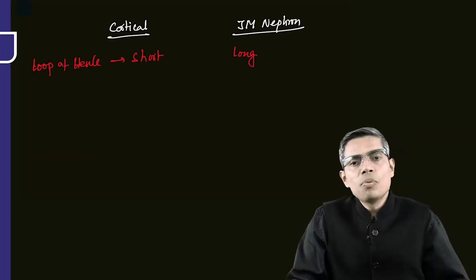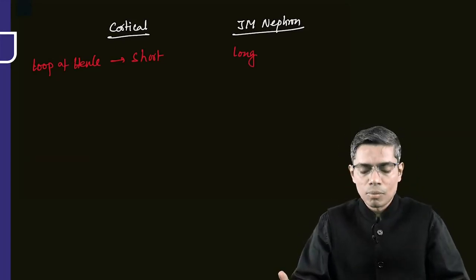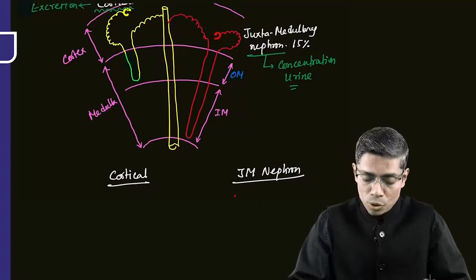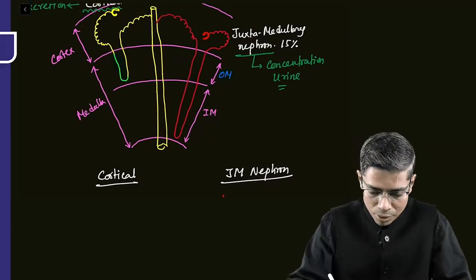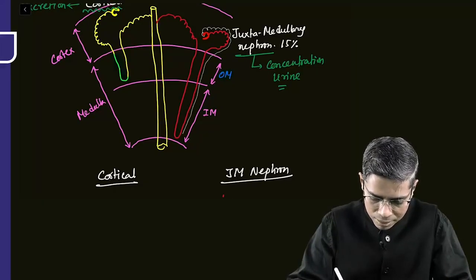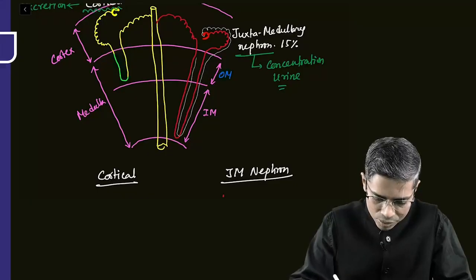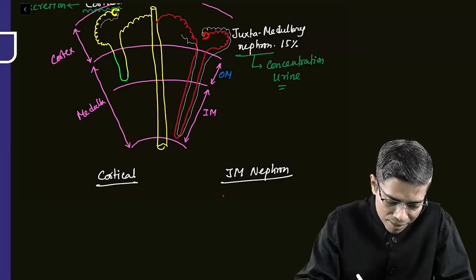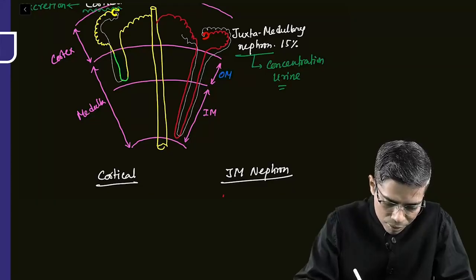Now, if the loop of Henle is very long, what will happen? The peritubular capillary, I hope all of you know what is peritubular capillary. You know that there will be a capillary network present surrounding this nephron, and that is known as a peritubular capillary, like this. Similarly, there will be peritubular capillary surrounding this cortical nephron also.